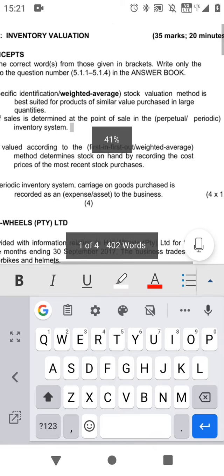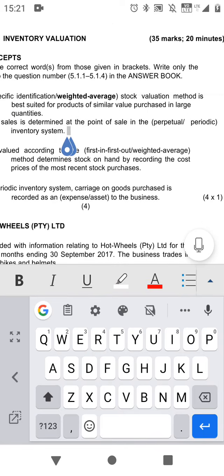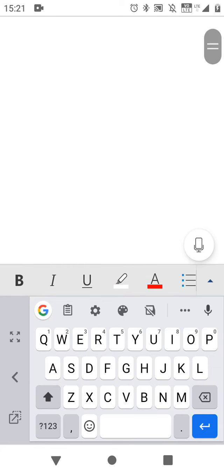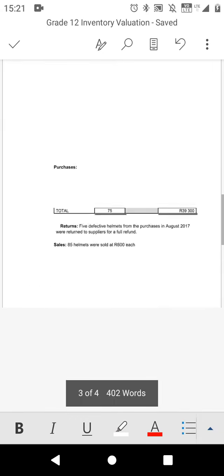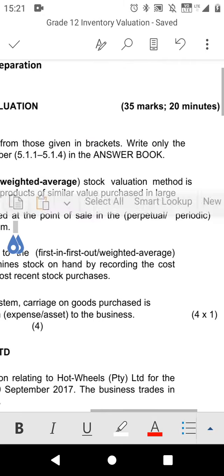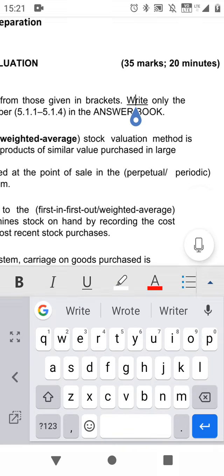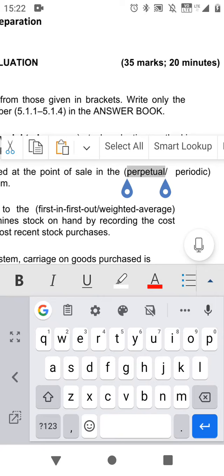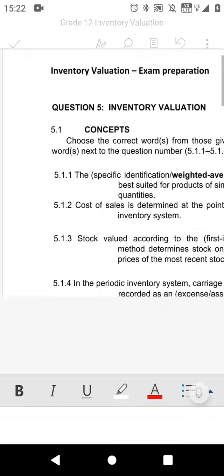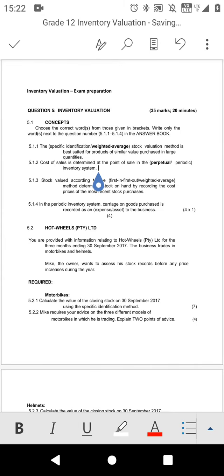Because in the perpetual inventory system, we calculate the cost of inventory immediately when the customer purchases the inventory. Simple as that. In periodic, remember, we only calculate the cost of sales at the end of the year.